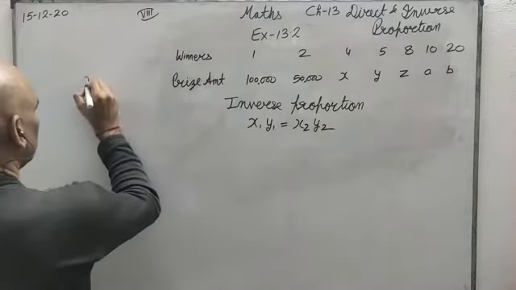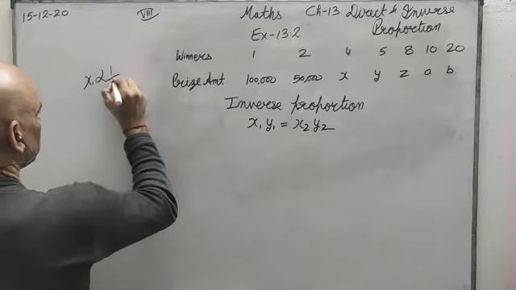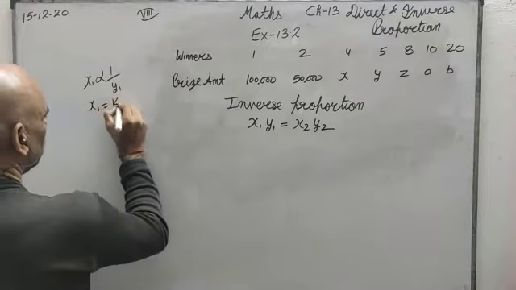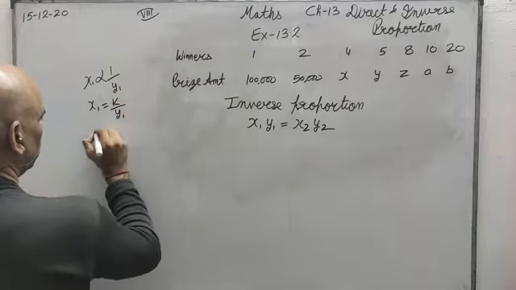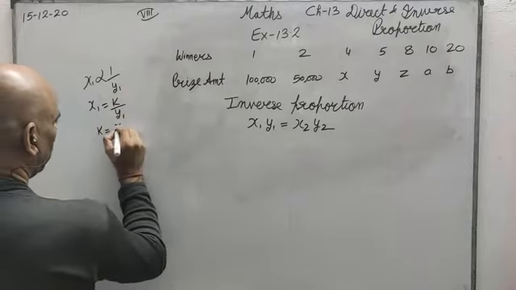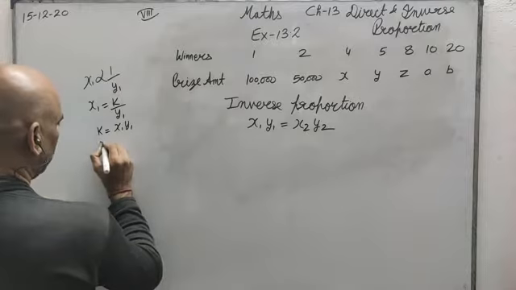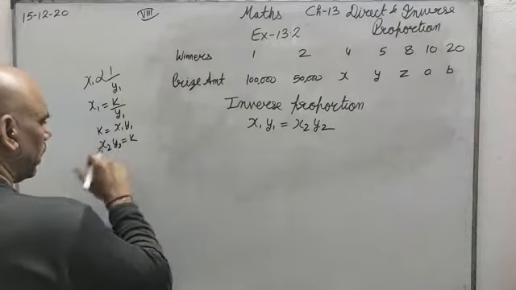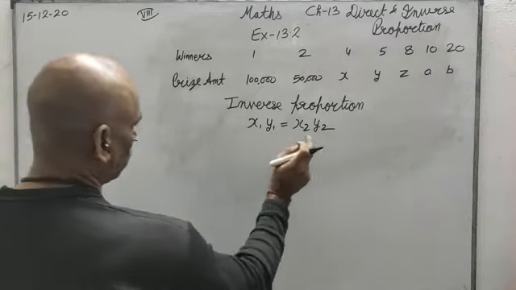And how did we get this law? x1 is inversely proportional to y1, so x1 is equal to k upon y1. So the value of k will be x1 y1, and similarly the value of k will be x2 y2. So x1 y1 will be equal to x2 y2.